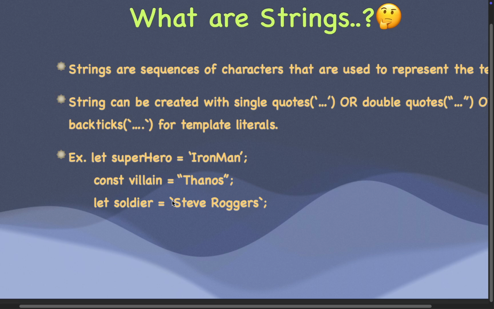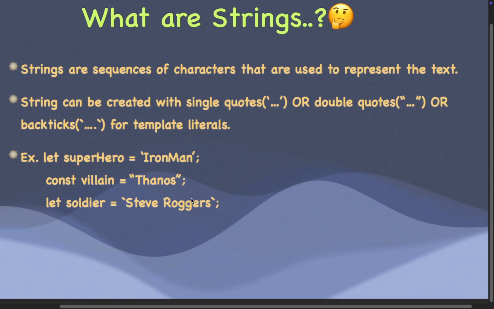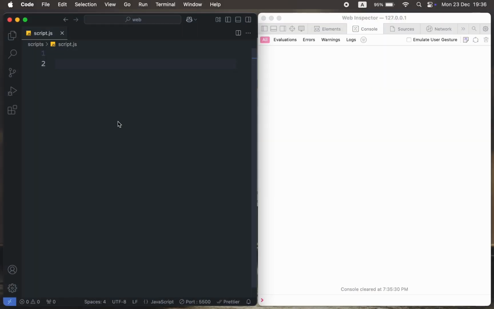So let's go to the editor and see how we can create strings and use them. As we discussed earlier, we can create JavaScript strings in three ways. The first way is creating JavaScript strings with single quotes. Let's say I have one variable which is holding the value of superhero and it has a value of Iron Man.